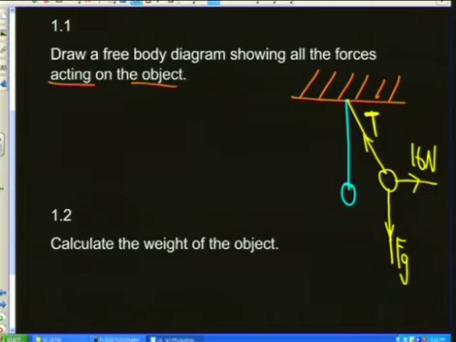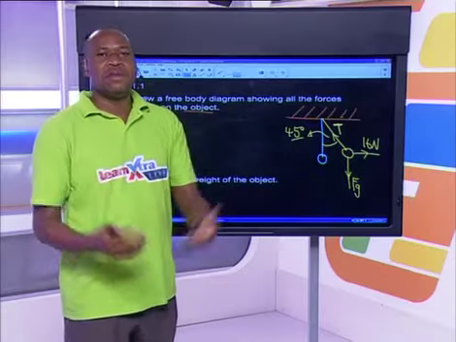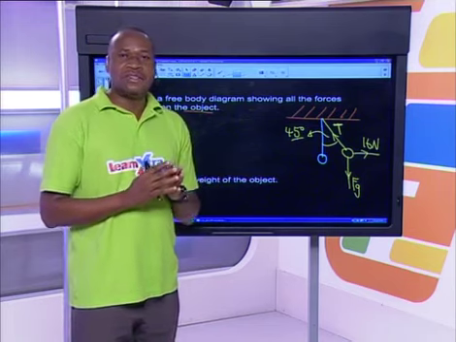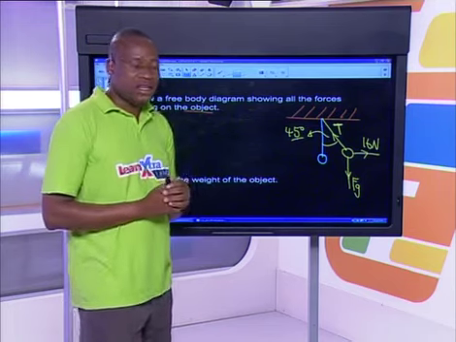So already I have drawn something that will help me understand what's happening here. It makes an angle of 45 degrees there. So I now have some sketch that is going to assist me to answer the questions based on this scenario.